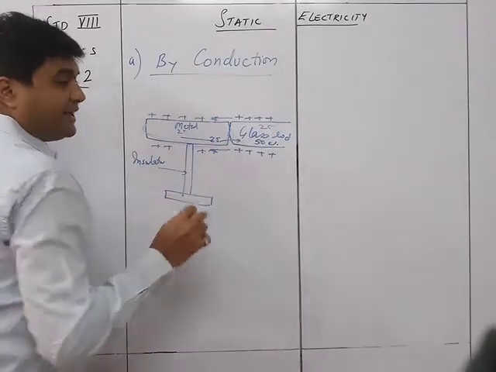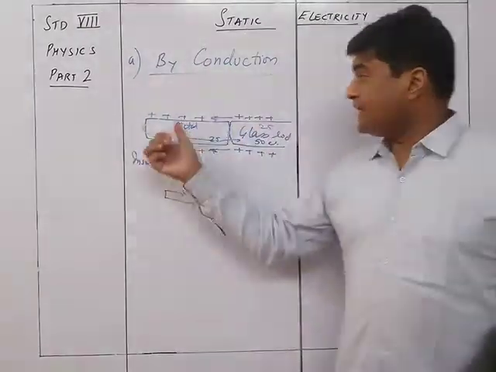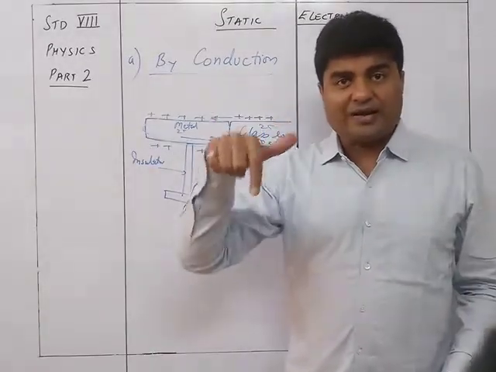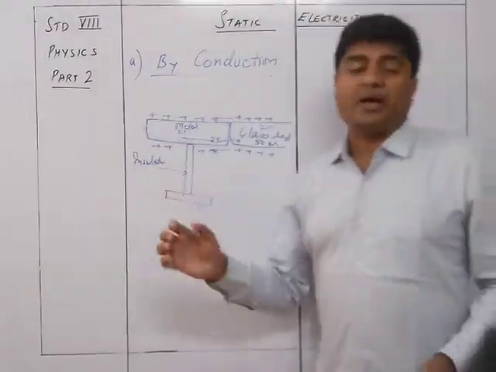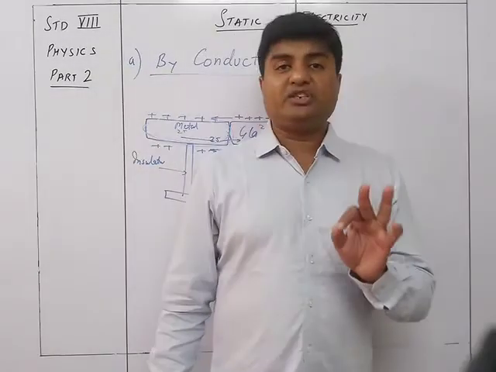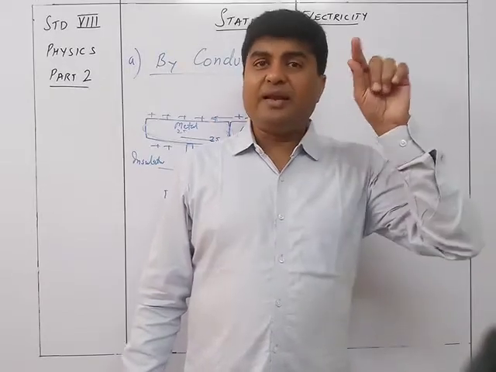Accordingly, this whole thing now has 25 electrons less than the number of protons available with it. So protons are more and electrons are less. Hence this whole metallic body becomes positively charged. Atomically, it is happening this way.